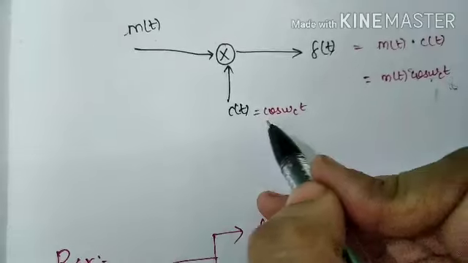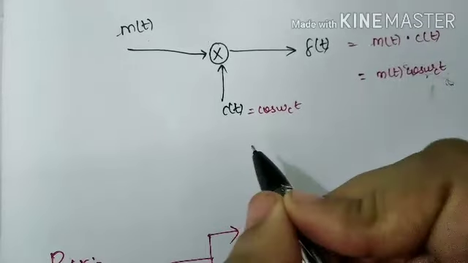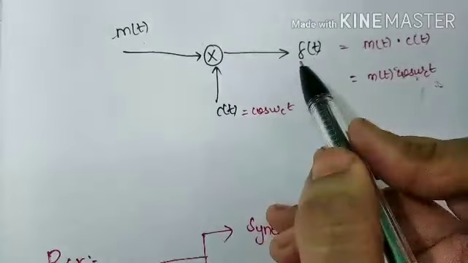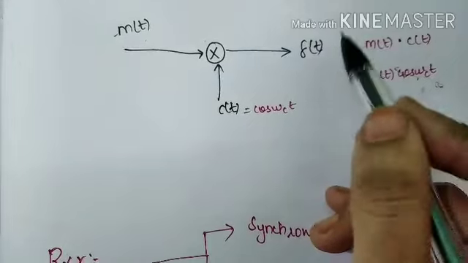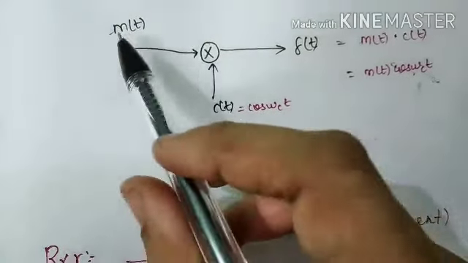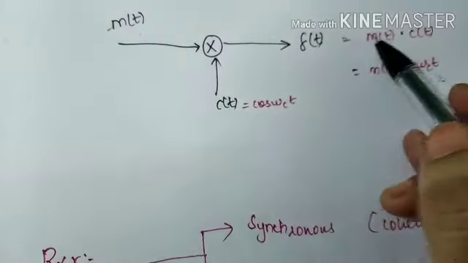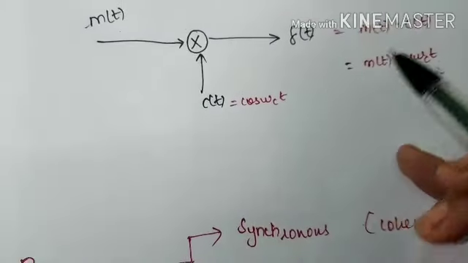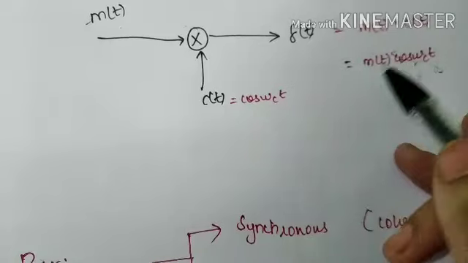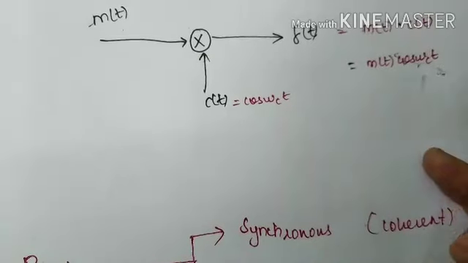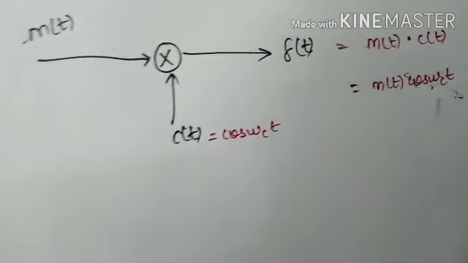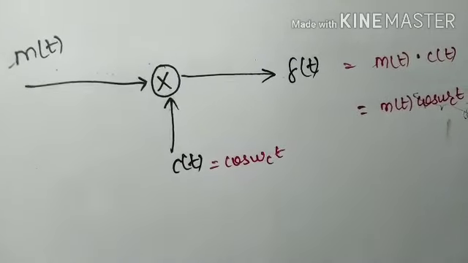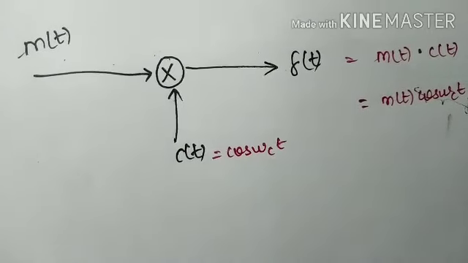The carrier signal is cos omega ct. Our modulated signal s of t is the multiplication of m of t and c of t, so our modulated signal will be m of t cos omega ct.